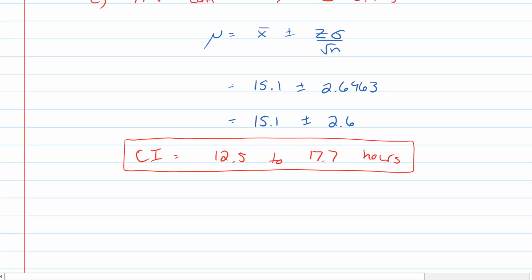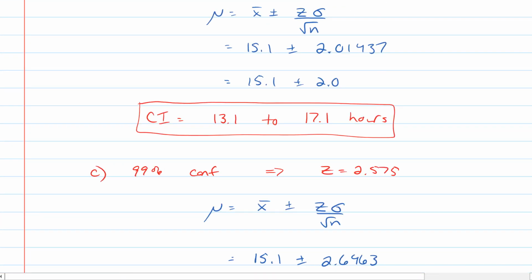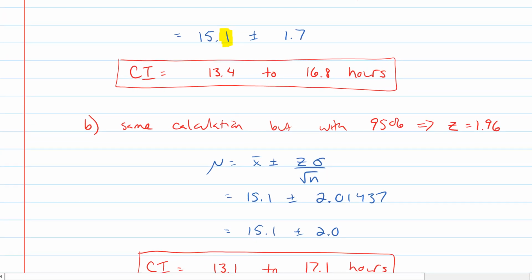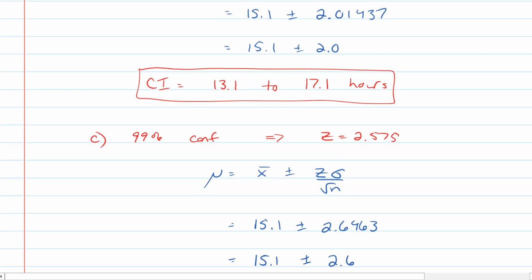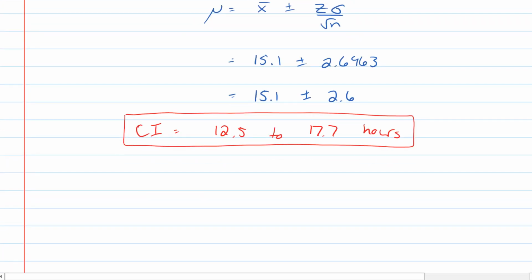And now we're going to do the very last part. The last part asks what happened to the confidence interval, the width of the interval, as the confidence level increases. You can see that it gets bigger every single time because, just scrolling up, we initially had 15.1 plus or minus 1.7, and then it went to 15.1 plus or minus 2, and then it went to 15.1 plus or minus 2.6.